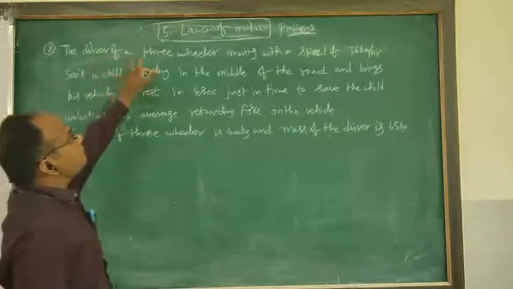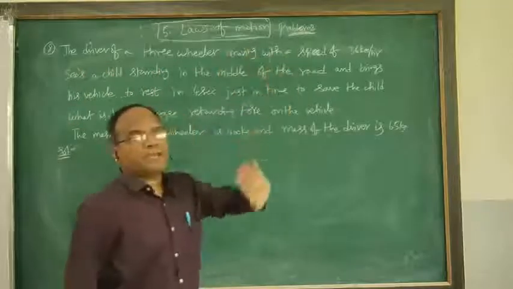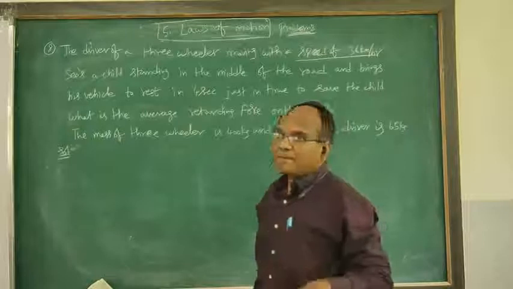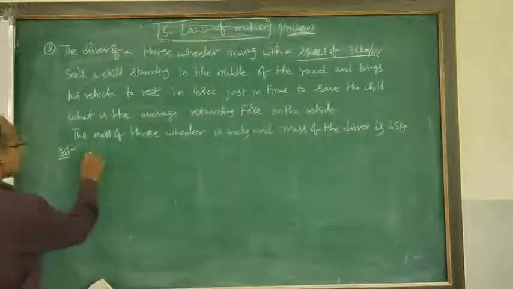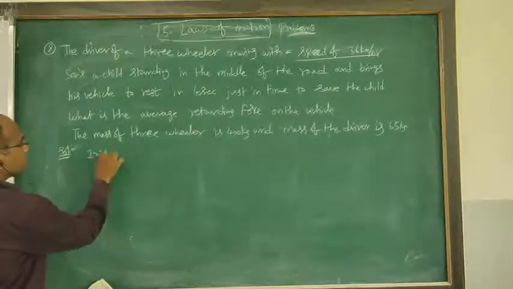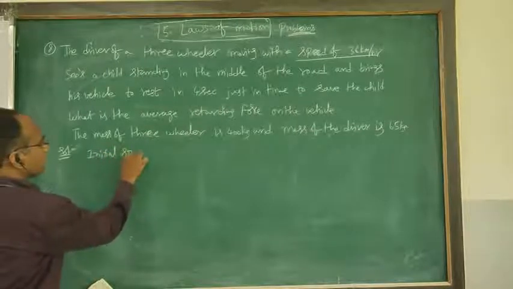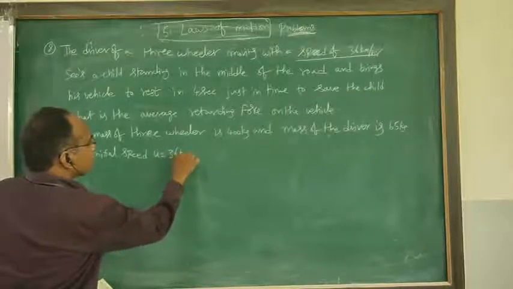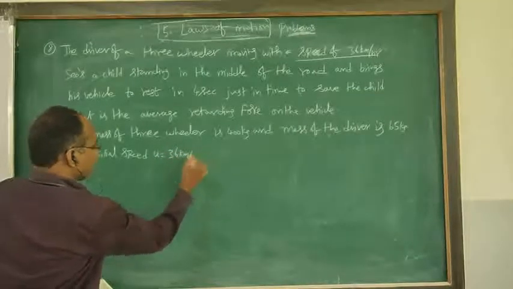So the driver of the three-wheeler is moving with a speed. Moving with a speed means the initial speed. Initial speed U is equal to 36 km per hour.